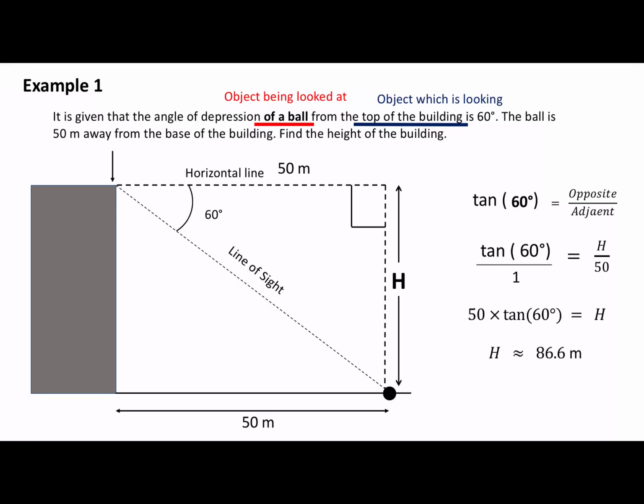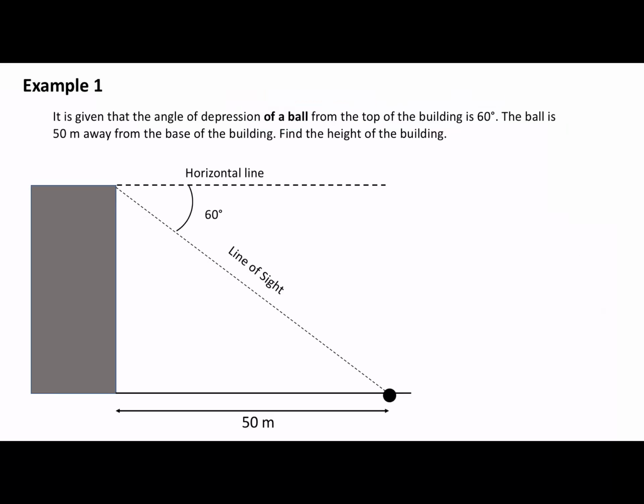Now recall earlier I said that we could see two right angle triangles here. One is as shown here. The other right angle triangle is where do you think it is? It's here. Okay. And H will be the height of the building.